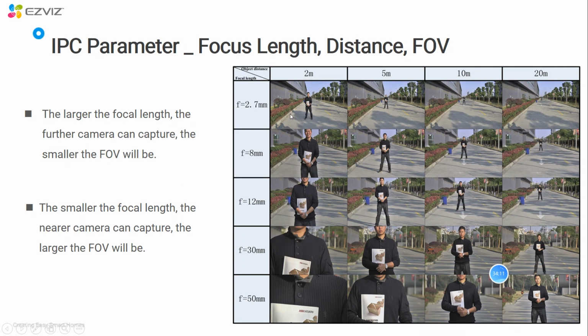The larger the focal length, the further the camera can capture, and the smaller the field of view will be. And in the other situation, the smaller the focal length, the nearer the camera can capture, and the larger the FOV will be.